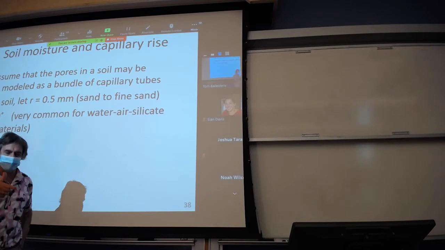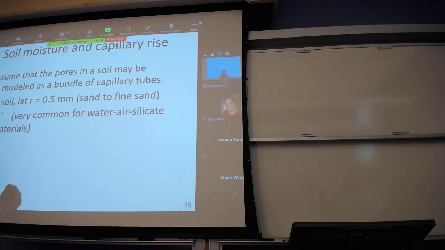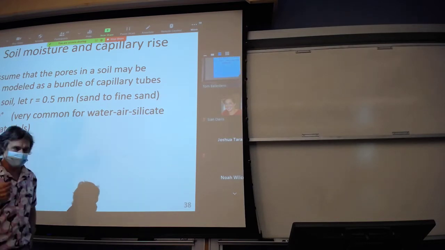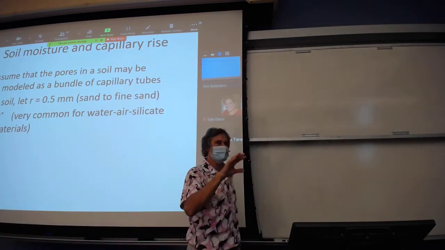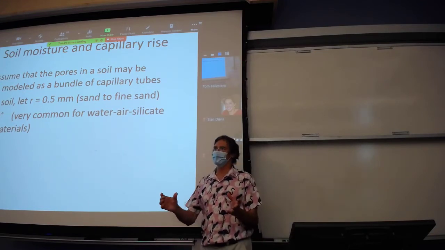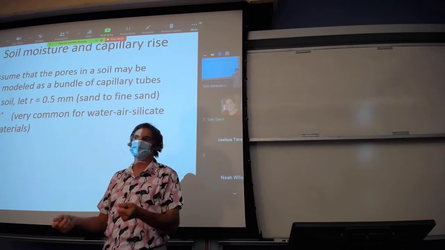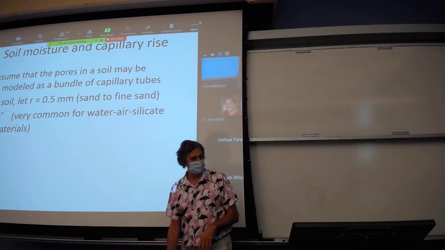So D100, 100% of the particles are smaller than that size. D50, 50% of the particles are smaller. D10, 10% of the particles are smaller than that size. And so the pore sizes of soils is commonly close to what D10 is. Because for some reason, it's hard to take all the pores, all the voids, and put them in a sieve. But you can put the particles in the sieve.